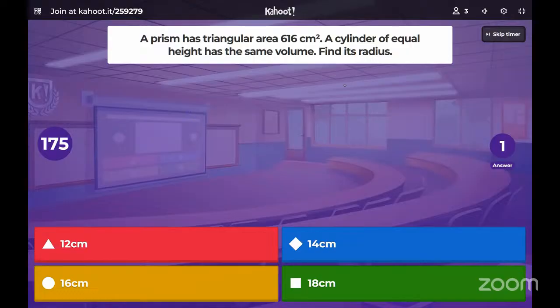The rest of you can join in the middle also. The code is 259279. On kahoot.it, you can just join in the middle.